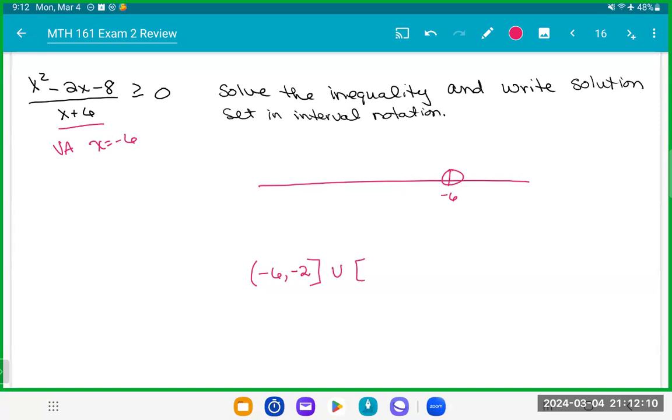And then again, from 4 to infinity. And remember, infinity and negative infinity always get parentheses because we can't actually get to an exact location. Just as we think we get to it, there's something else even further out there. So we can't ever actually attain infinity or negative infinity, and that's why it always gets the parens and not a bracket. Question?